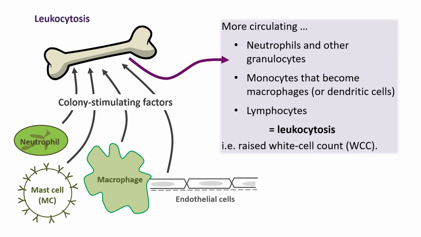So we get more circulating neutrophils and other granulocytes, monocytes that become macrophages or dendritic cells, and potentially lymphocytes. So in other words, we have leukocytosis. And this is where you do your blood test, and you say, oh, they've got a raised white cell count.